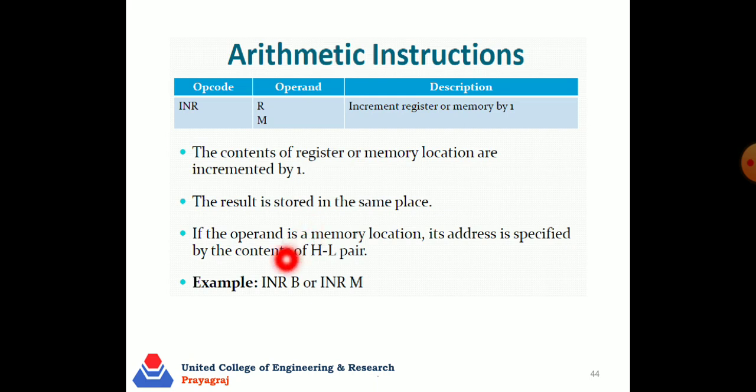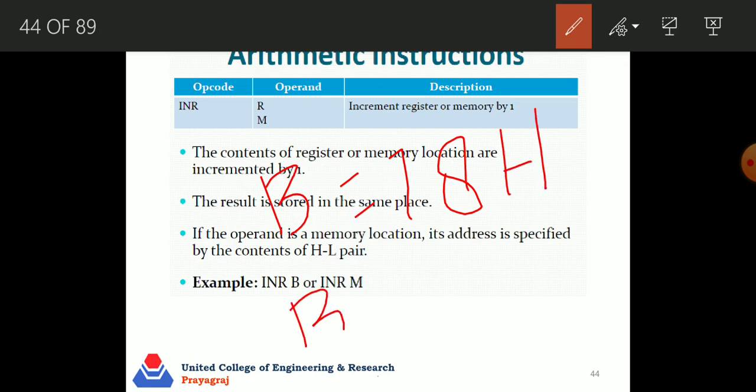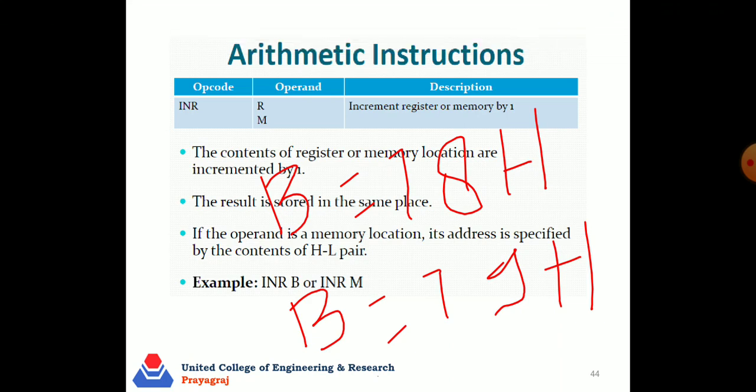Like if we do INR B, and before executing INR B it has 78H, after execution of INR B it becomes 79H. So what is the difference between addition and increment? In addition, after performing the addition, the carry flag is affected, but after executing INR, the carry flag is unaffected. Very important.